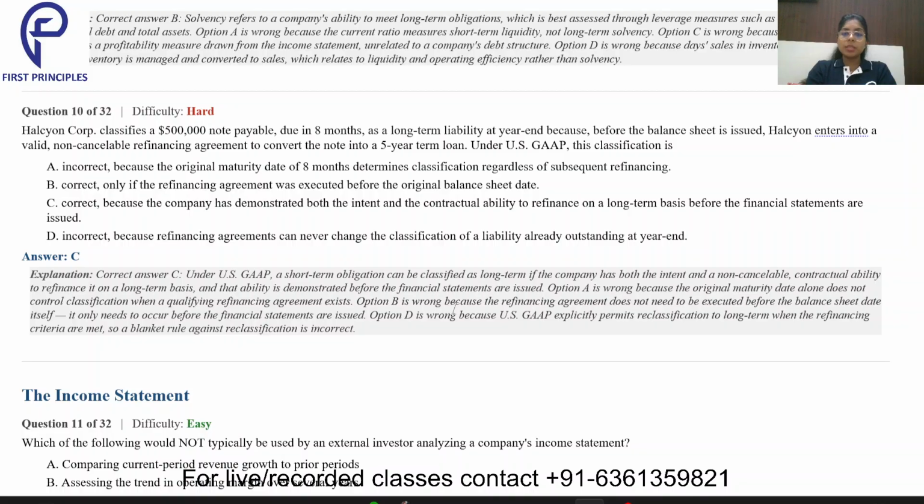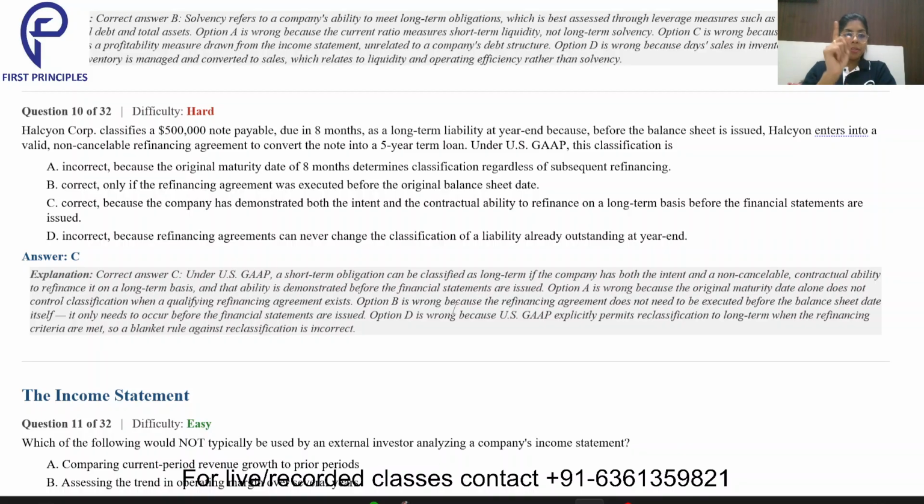Under US GAAP, if you remember, if there is a particular liability which is about to mature, but we have an intent and an ability to refinance it or to convert that current liability into a non-current liability, then in that scenario what do we do? We record it as a long-term liability, a non-current liability.